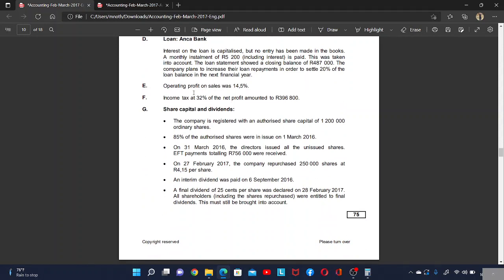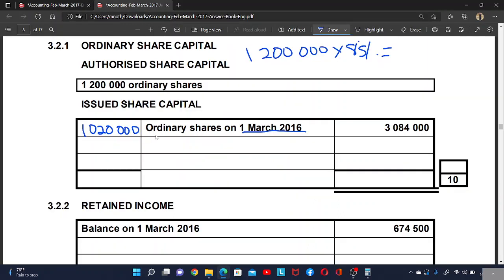On 31 March 2016, the directors issued all the unissued shares. EFT payments totaling 756,000. So we have the shares issued on 31 March 2016.